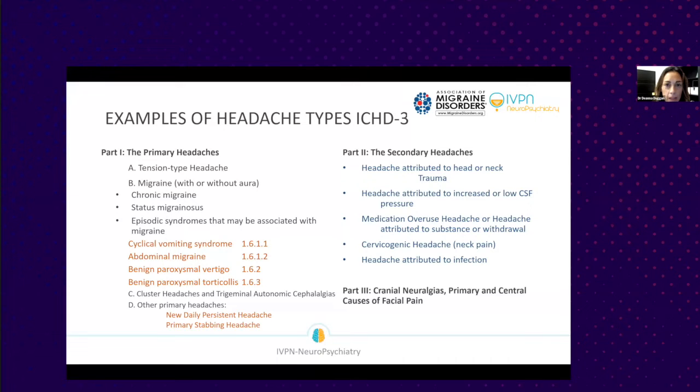Highlighted on this slide, though, are cyclical vomiting syndrome, abdominal migraine, and other headache types that are specific to pediatrics. So even with cyclic vomiting syndrome and abdominal migraine, typically those patients can present very young and they don't have any complaint or behavior associated with headache.